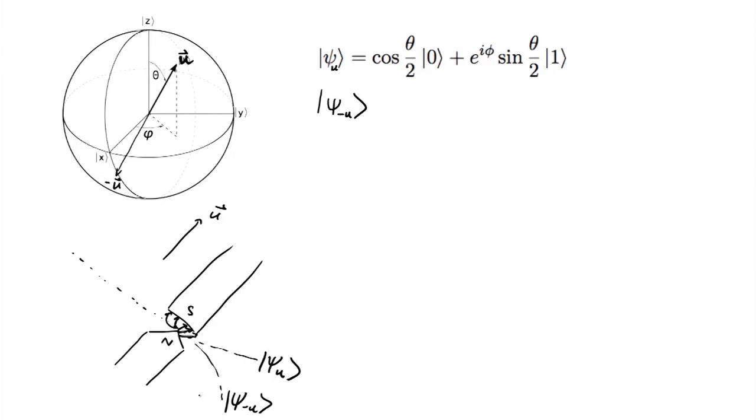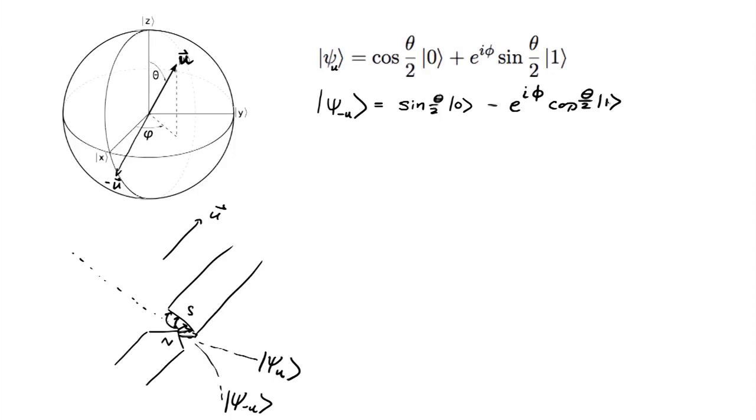And what's psi sub minus u? Well, it's an exercise, but you should be able to figure out that it's sine theta over 2 |0> minus e to the i phi cosine theta over 2 |1>. See if you can work this out.